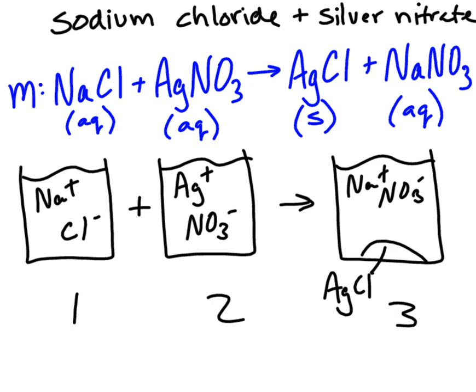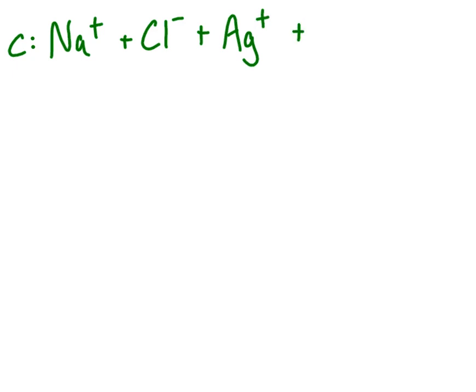Now let's take a look at the complete ionic equation, in which we will break down all of these different ions. Let's make that a different color. The complete ionic equation is going to be, remember it was sodium chloride, so sodium cation plus chloride anion, plus silver nitrate, which is the silver ion plus the nitrate ion.